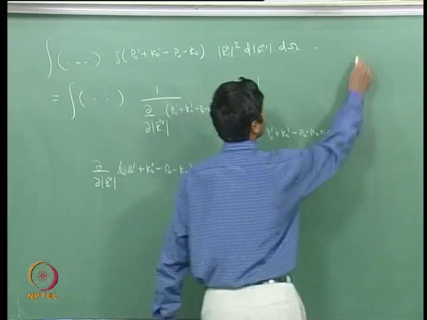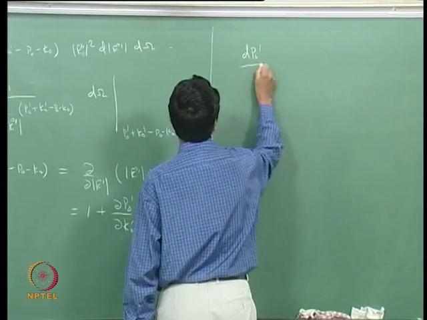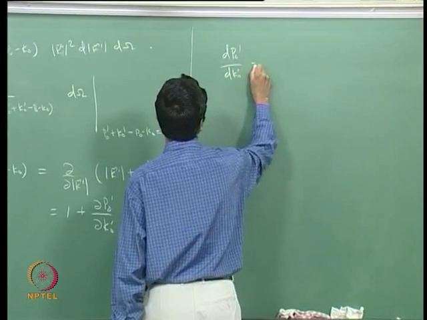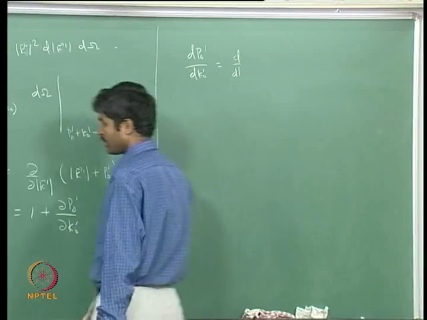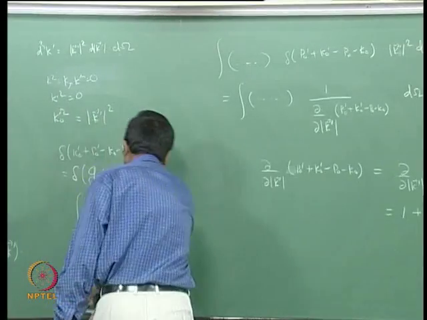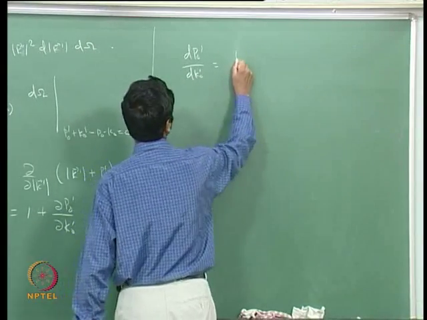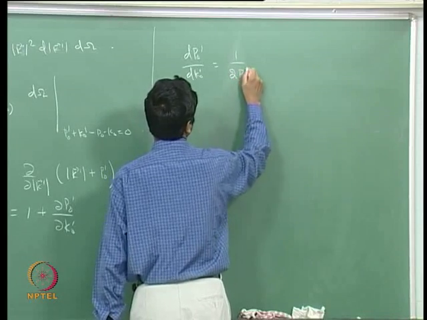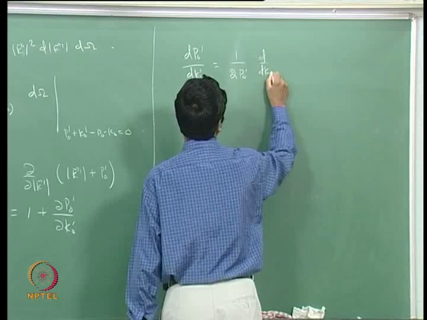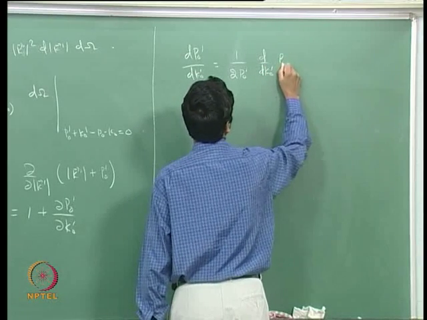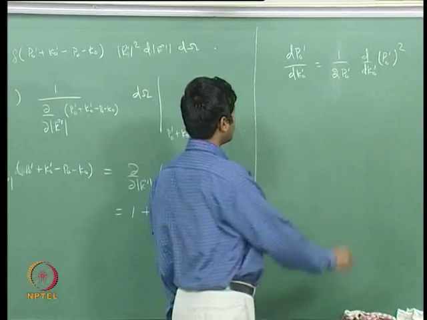So let's work out dp0 prime over dk0 prime, which is 1 over 2 p0 prime d over d k0 prime of p0 prime square. Now, it is easy.